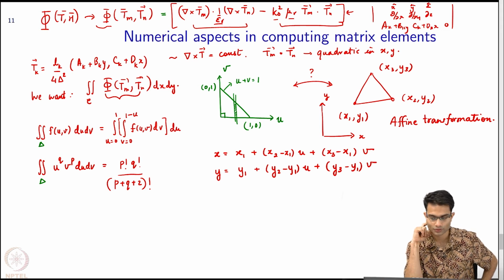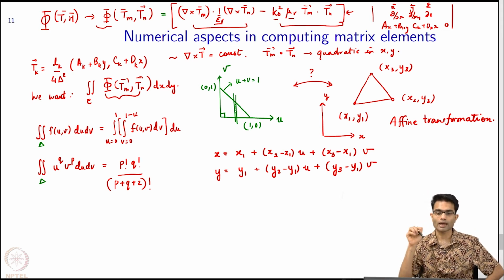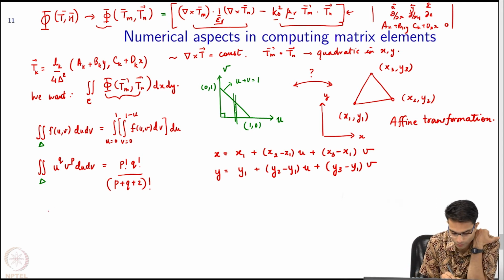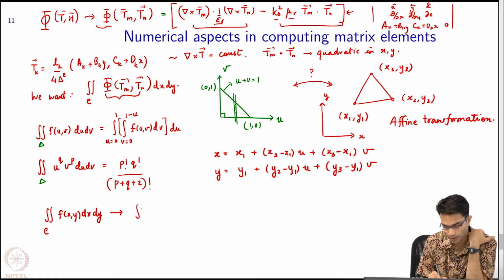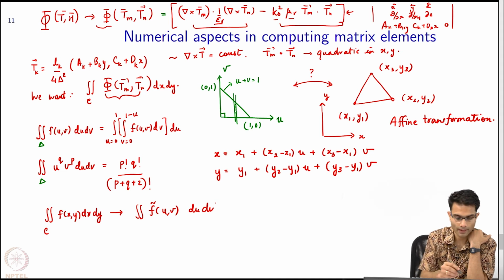Very clever. So that means I can in general convert an integral of the form f of x, y dx dy, this is what I have, into an integral of f of u, v, well, maybe some f tilde, the form might change, du dv, over this green triangle.